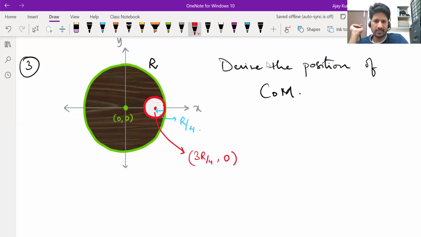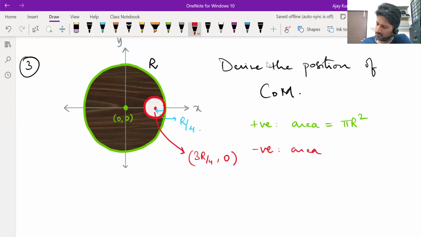So we need to find out the ratio of positive mass to negative mass. Now this is a circular plate or a circular disc from which some mass has been removed. A circular disc is an areal mass distribution. Positive mass area, since its radius is r, the area is pi r square. And negative mass also is in the shape of a circle only. Its radius is r by 4. So the negative mass area is pi into r by 4 squared.